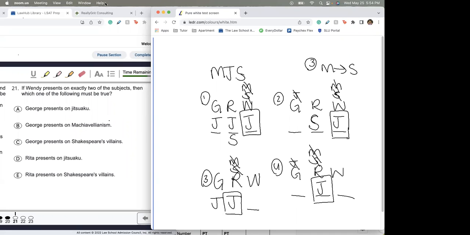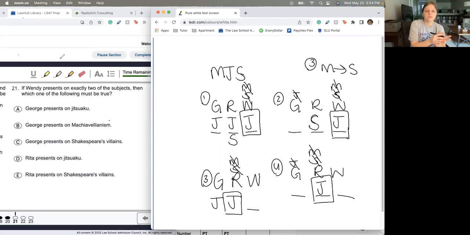Okay, yeah. I just want to look at it from the diagrams we have. So you said basically look for where W could have 2. Yeah, so for this question, if Wendy presents on exactly 2 subjects, and my subjects are my variables, that means I'm going to have 2 spots, right?